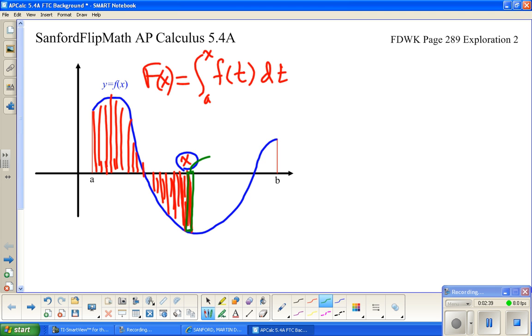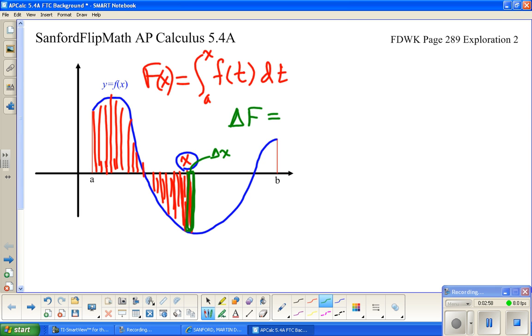So if I did just a little bit more shading, I would go a little bit more to dx, and the area that we're adding on would have to be df.